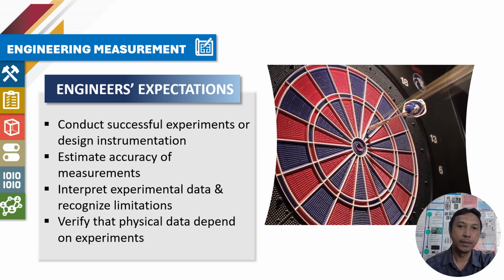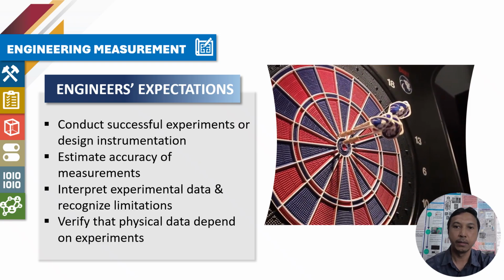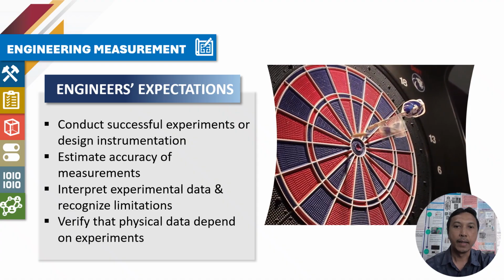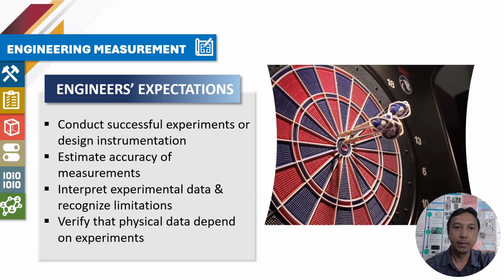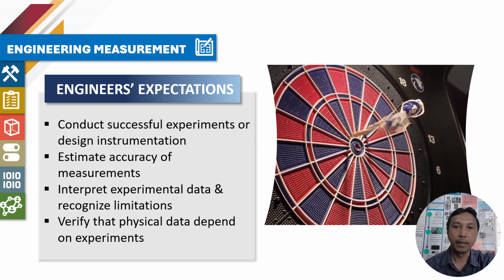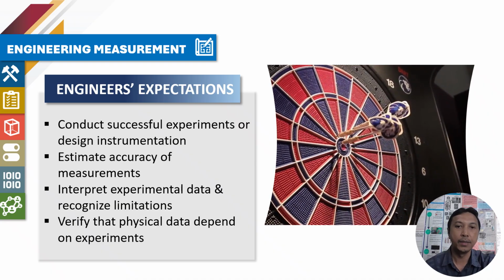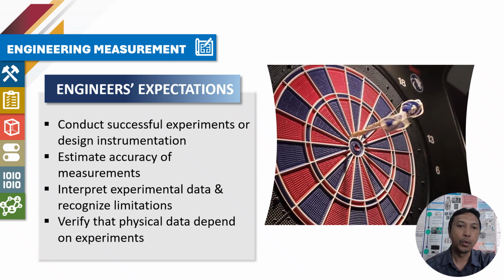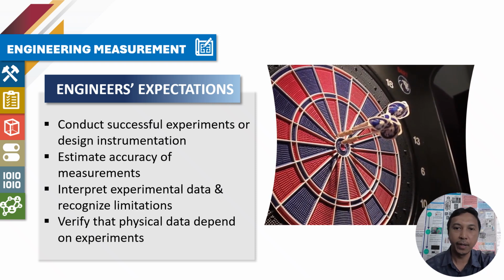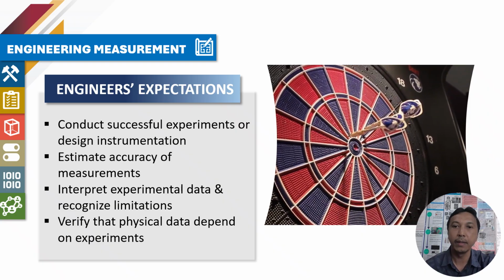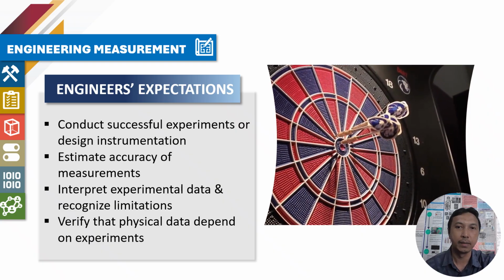As engineers, we are expected to design good experiments, estimate accuracy, interpret results carefully, and understand the limitation of our data. Most importantly, we must verify that our findings are supported by real experiment evidence.